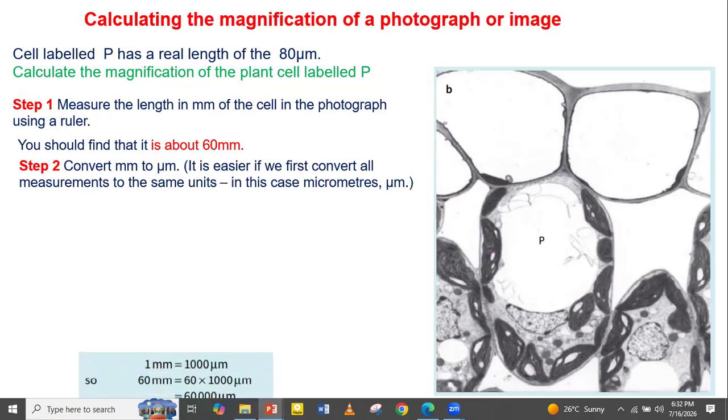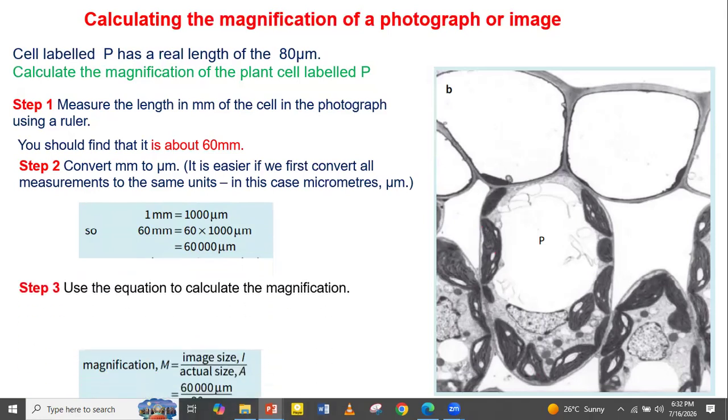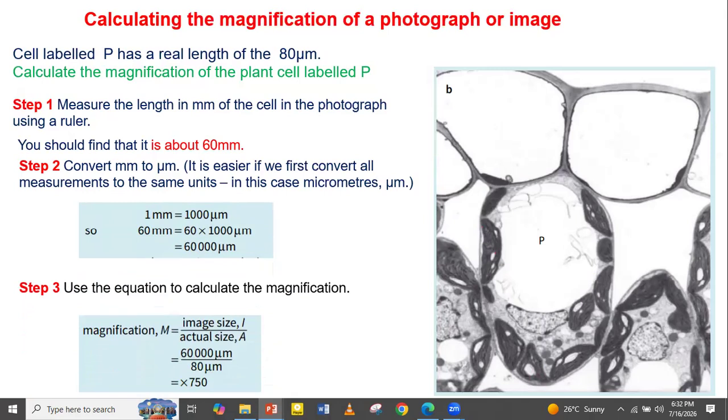Convert the millimeters to micrometers, we multiply by 1,000 so that we get 60,000 micrometers. Then we use the equation to calculate the magnification. Magnification is image size divided by actual size, that is how you get 60,000 divided by 80, and you get 750. So that is how we calculate magnification if you're given a photograph and a real size of the object.